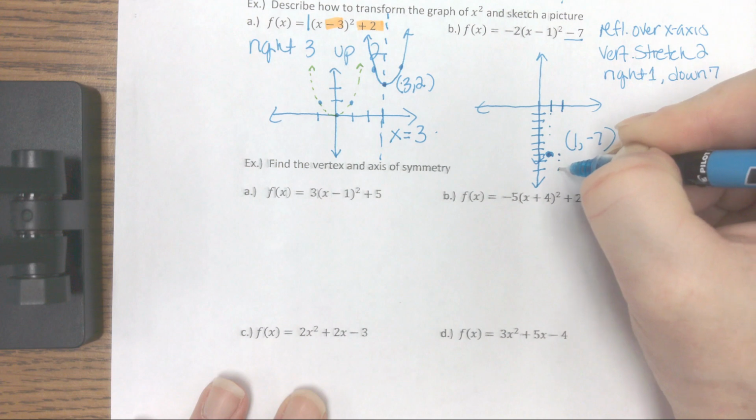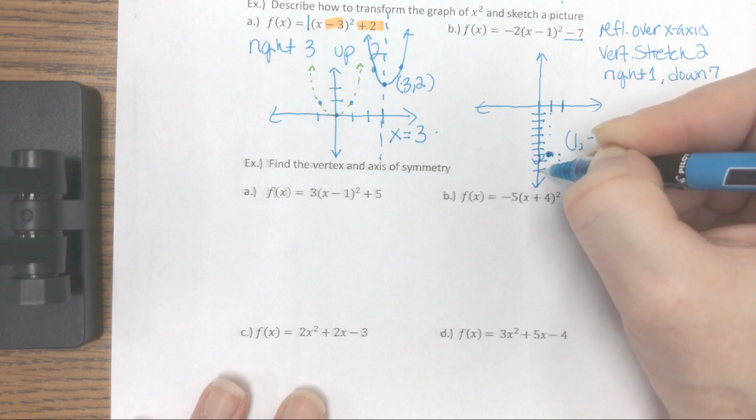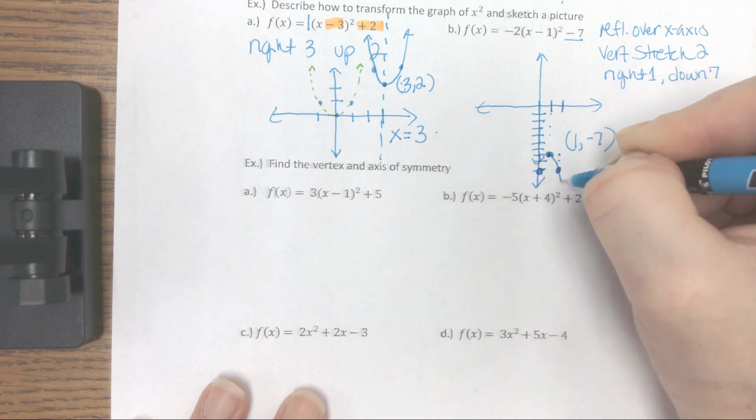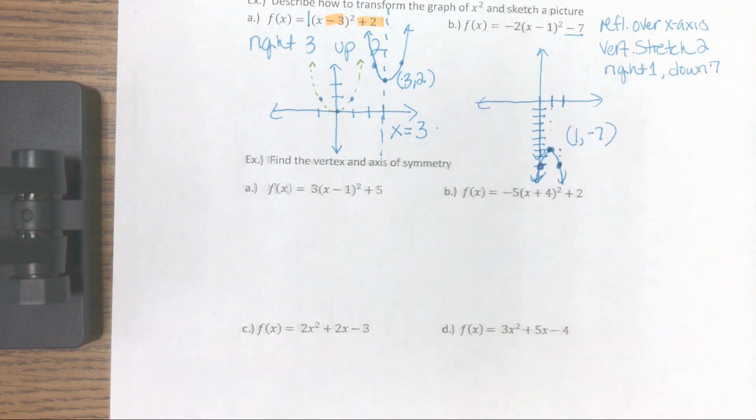That's a vertical stretch of 2. And I'm also going to go left 1, down 2. So my parabola would be down there. Any questions?